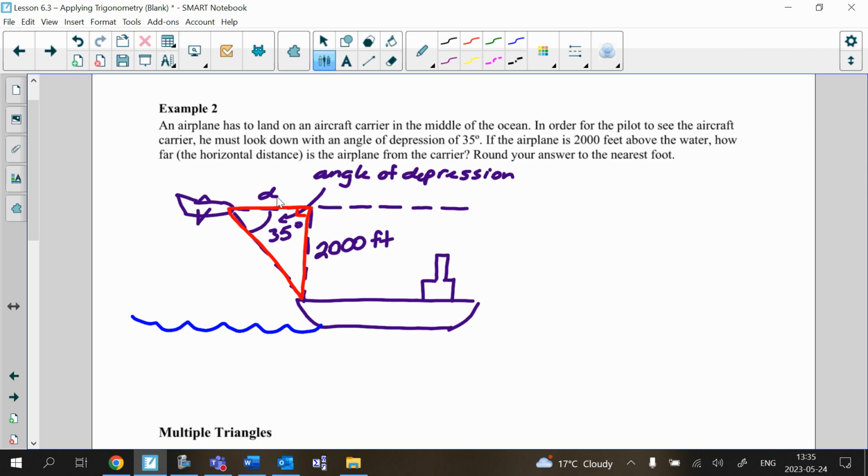Here's the angle. What's the name of this side in relation to this angle? Opposite. This side, adjacent, which means tan. So the tan of the angle, 35 degrees, is going to be the opposite side, 2,000, over the adjacent side, D, which is what I'm trying to find.